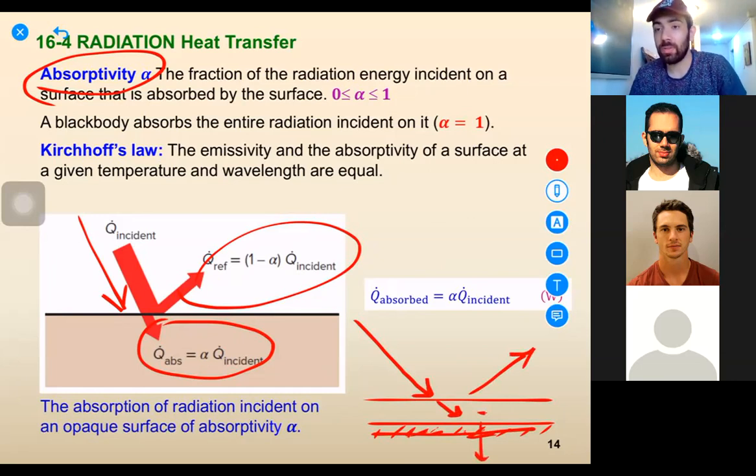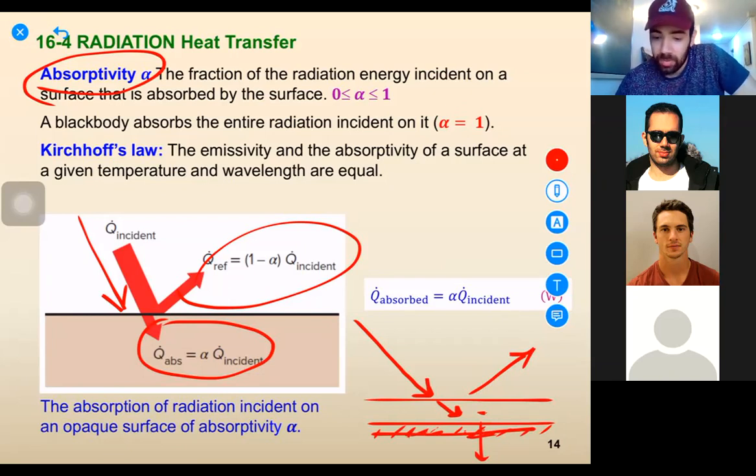So what happens? This amount of absorbed heat should be transferred back to the surroundings in the form of convection, because we do not have any radiation term here. The radiation has happened. Now there is no other surface to have conduction with.